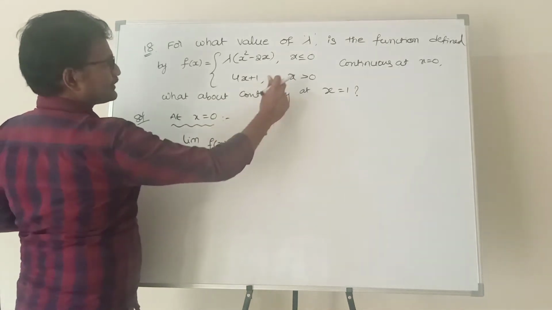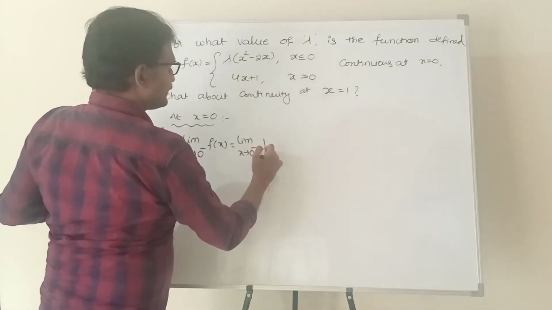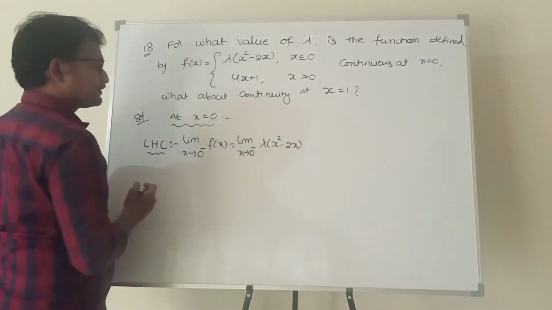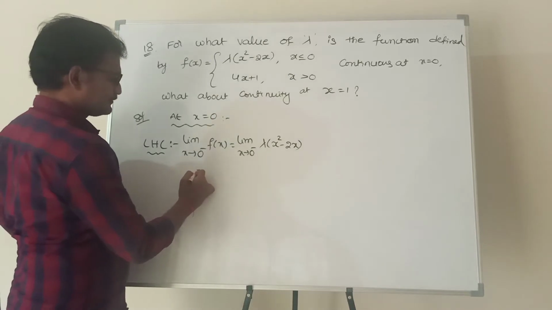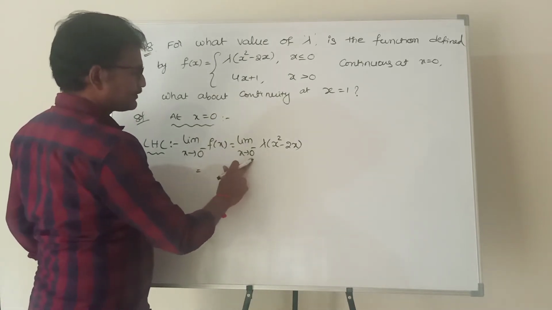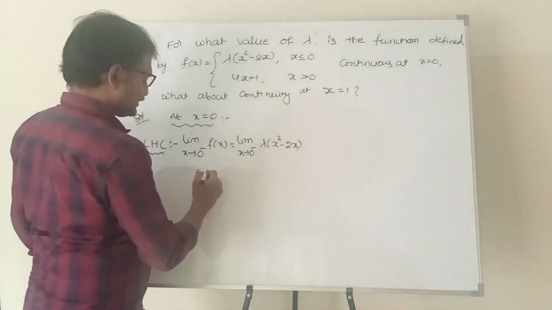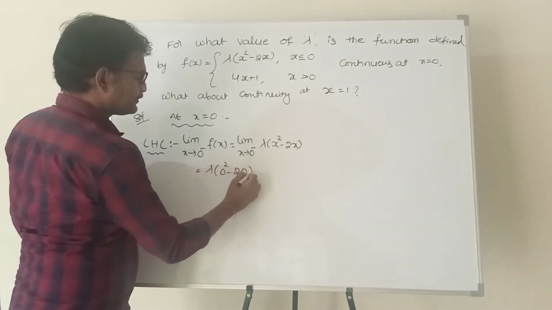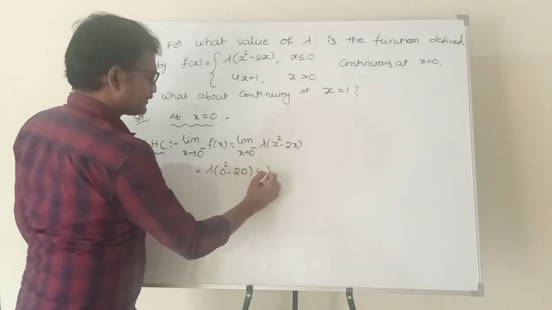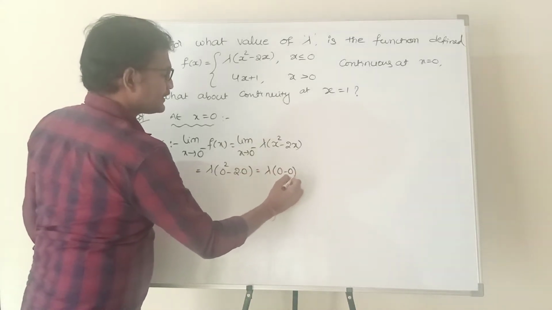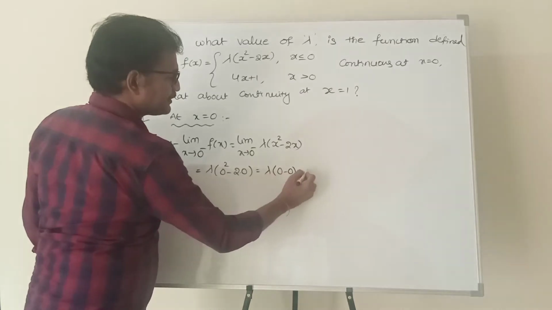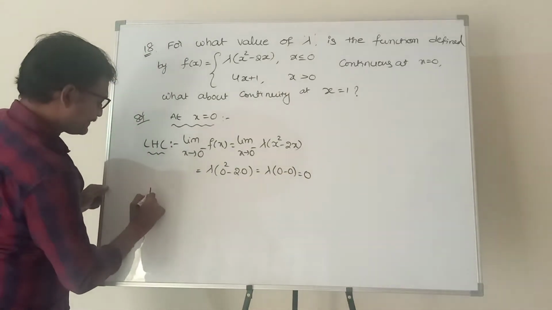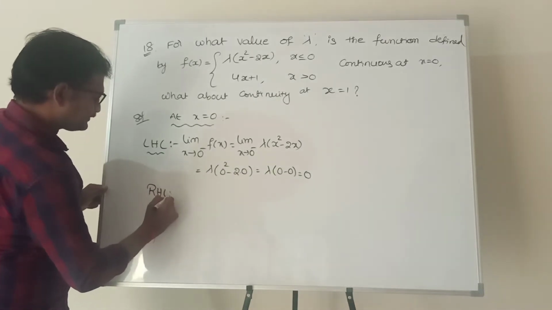If x is less than 0, f of x is lambda into x square minus 2x. x value is approximately equal to 0. Substitute here: lambda into 0 square minus 2 into 0, that means lambda into 0 minus 0, which is 0. So the left hand limit value is 0.